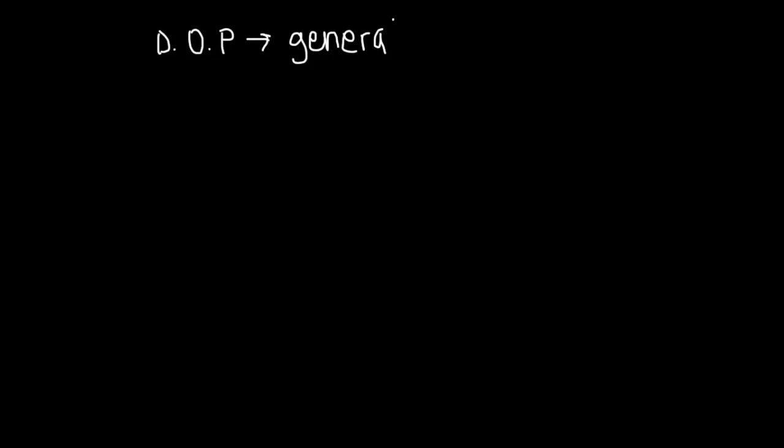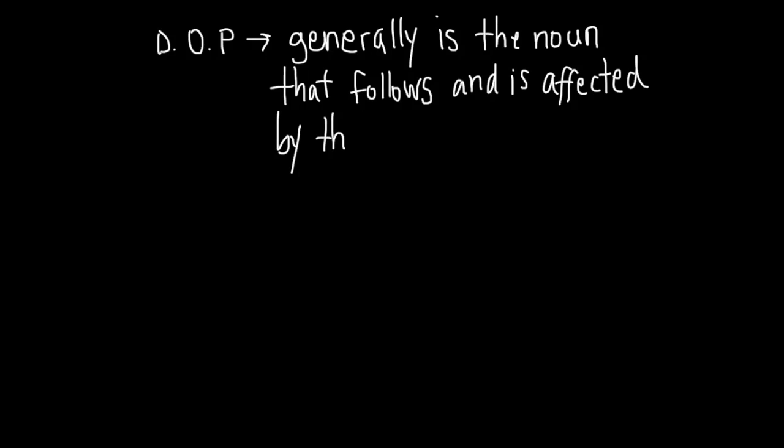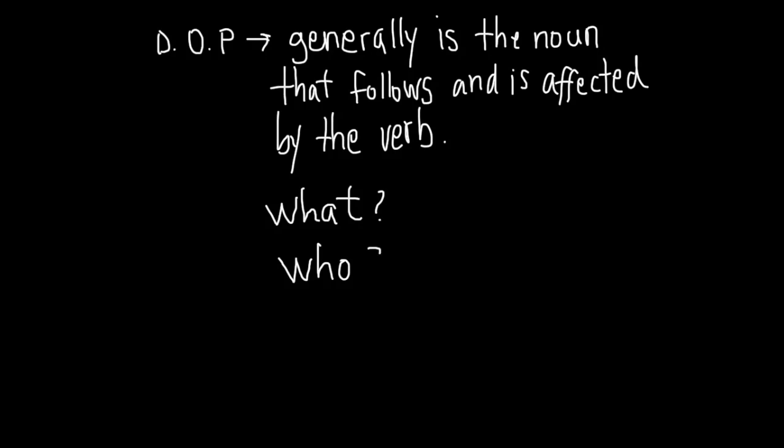So, the direct object in a sentence generally is the noun that follows and is affected by the verb. It answers the question what or who.